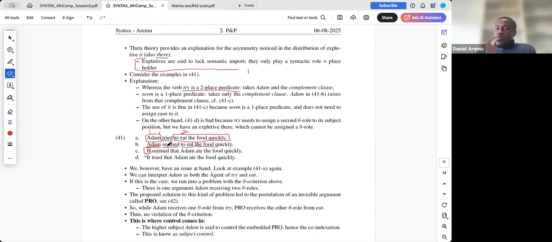Seem, on the other hand, we say it is a one-place predicate, but even though we have Adam here, and then we have what would seem like a second argument, that is not what is going on. What is actually going on is a case where Adam originates from this position, that is within this clause, and then it's raised. That is what we call raising.